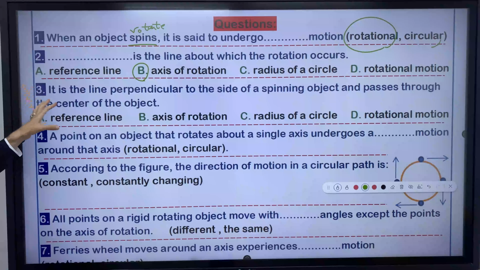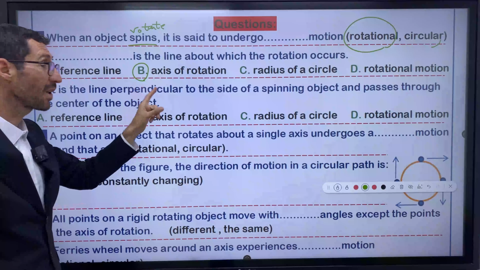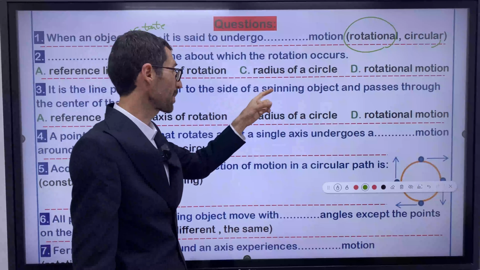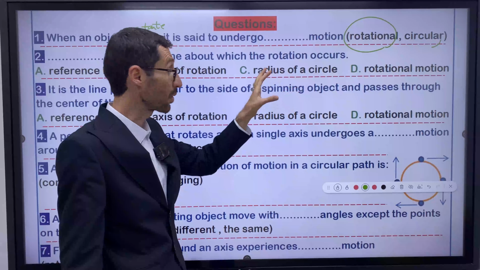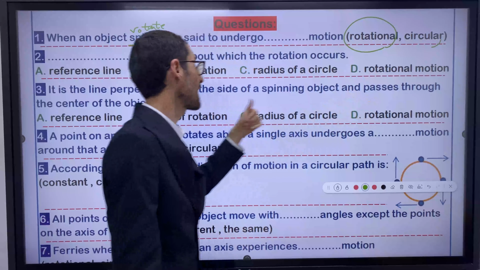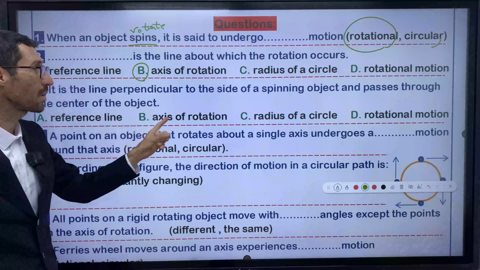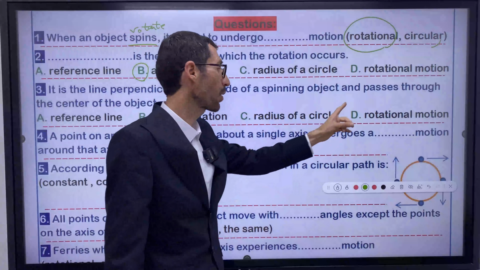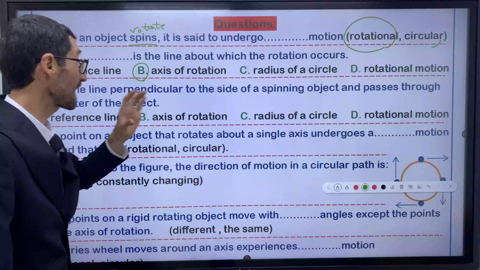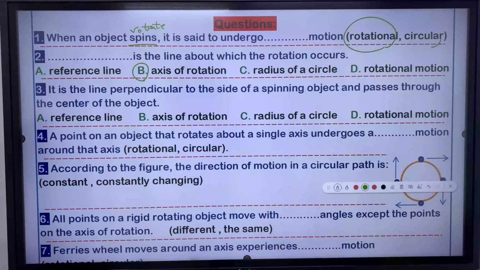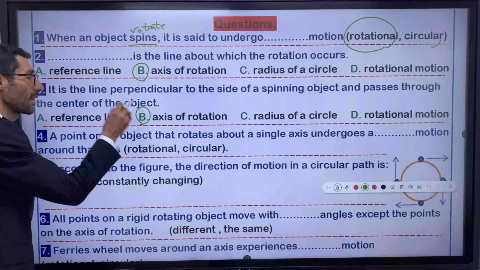Number 3, it's the line perpendicular to the side of the spinning object. It's perpendicular to the side of it and passes through the center of the object. So what's this? Is it reference line, axis of rotation, radius of a circle, or rotational motion? Because it says line perpendicular to the side of the object, it's the same thing, axis of rotation.